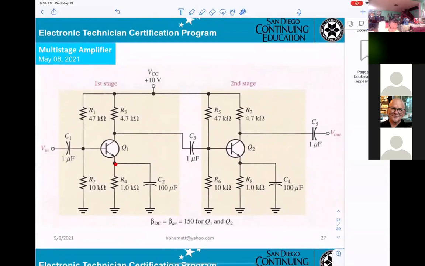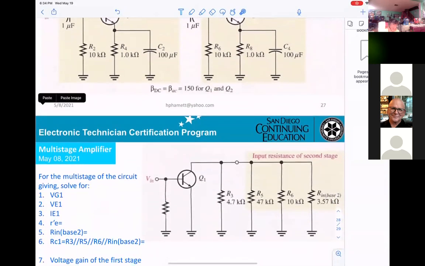If they want a voltage here, how? You already get the voltage here, right? VB1. If you want VE1, then it will be equal to VB1 minus 0.7.